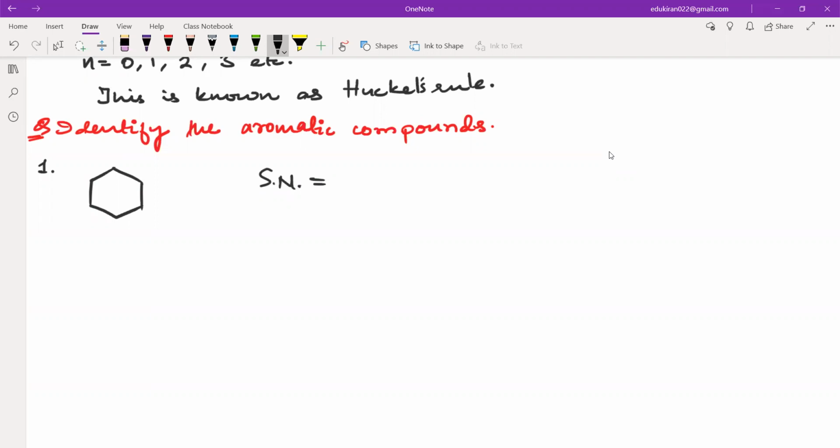In molecules we don't write the steric number. Here you can only see bonds. So in terms of bonds, tell me, what is the steric number? Hamza, tell me.